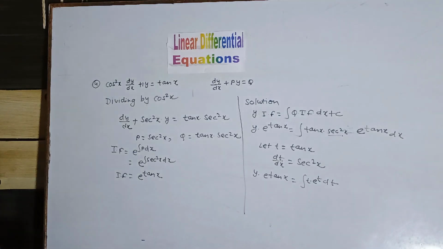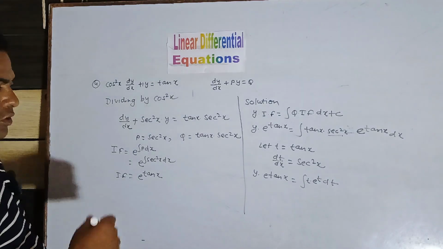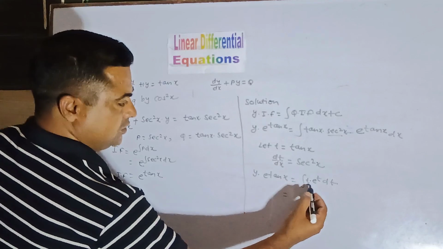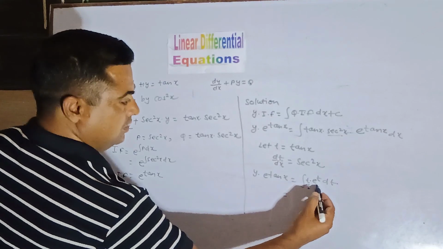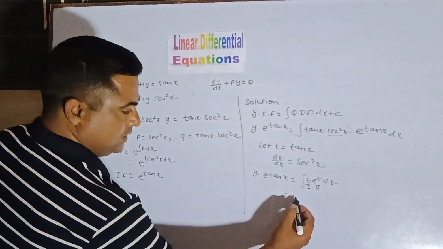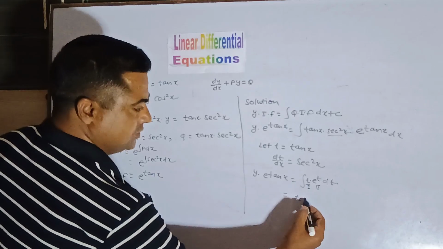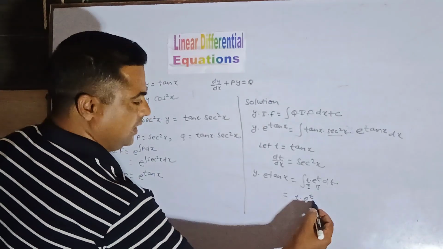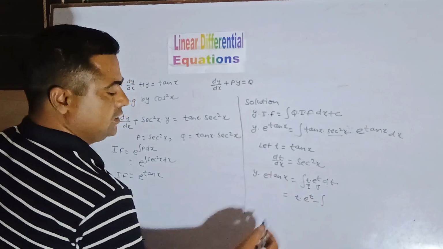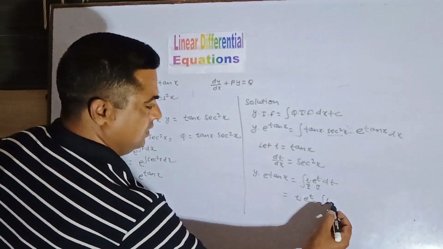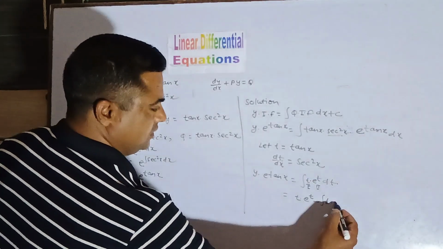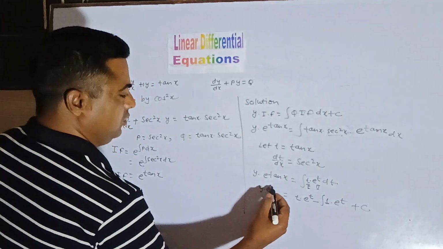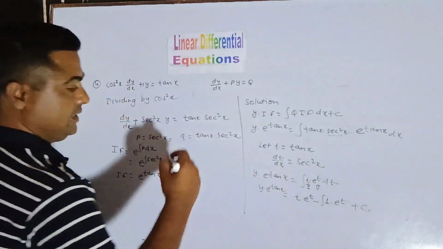Students, we will use integration by parts, meaning the product rule, in this part. So we will write here, this is our first function, this is our second function. First into the integral of second, e to the power t, the integral of e to the power t is e to the power t, minus the integral of the differentiation of first, which is 1, into the integral of second, which is e to the power t, and plus c, y into e to the power tan x.